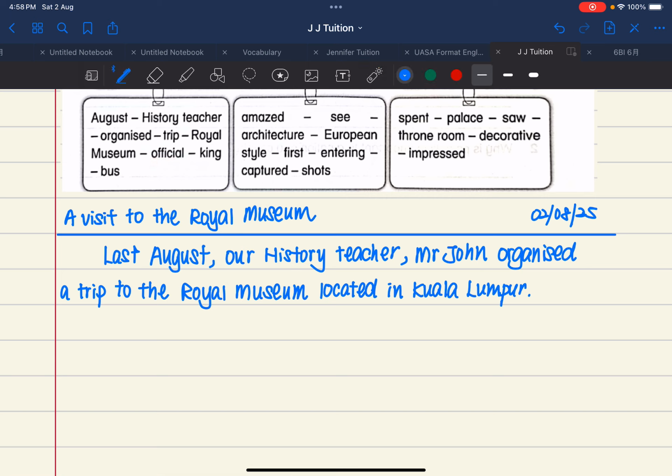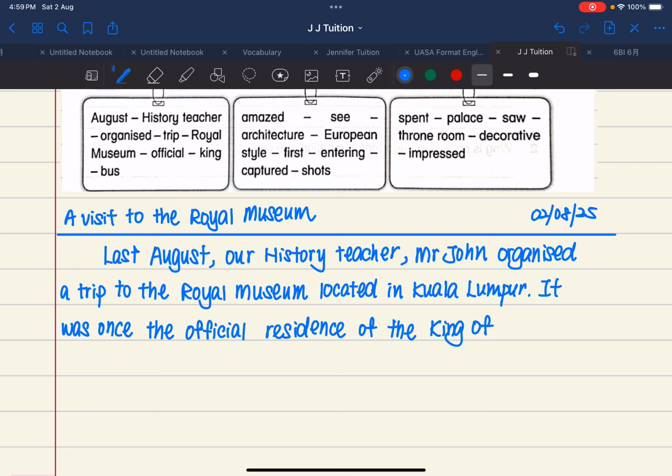So we can write down another sentence. It was once the official residence of the King of Malaysia. Okay, next word, bus.